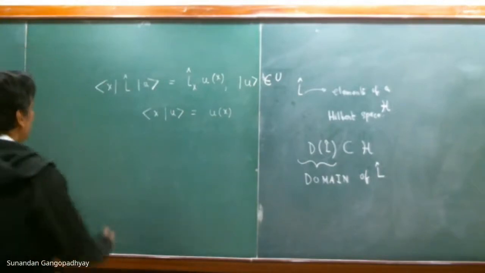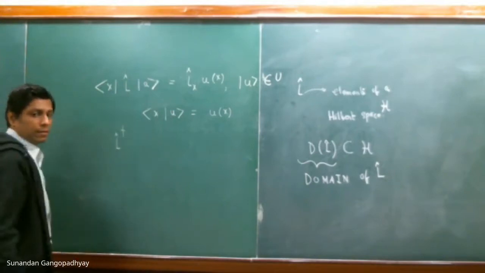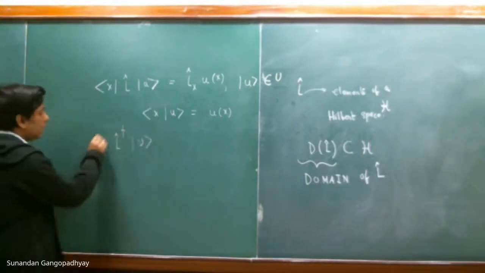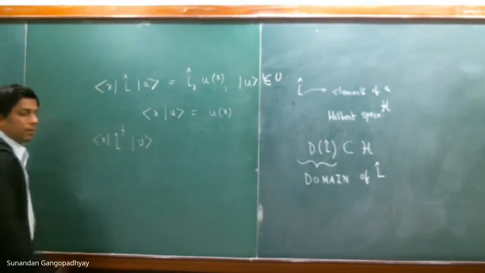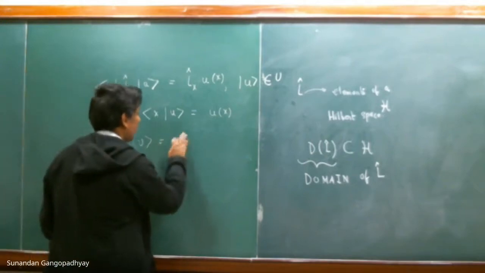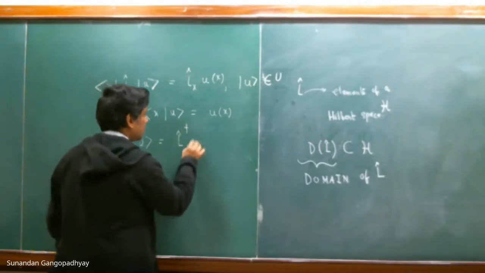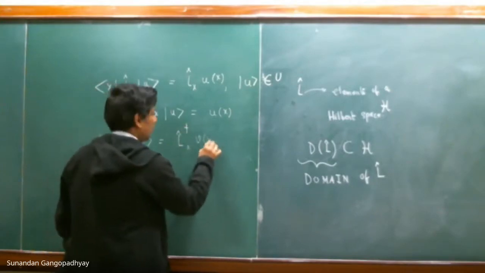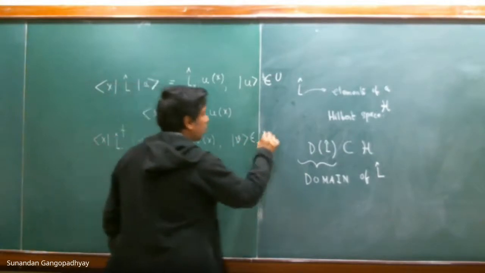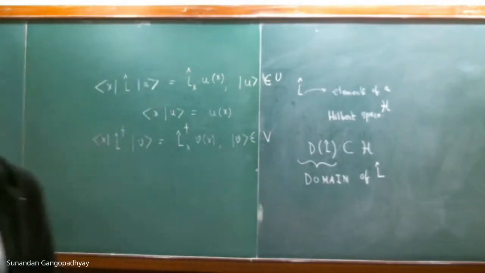And similarly, if I take L hat dagger acting on V, take a bra x, this is what? This is L hat dagger x V of x, where ket V belongs to V. Okay.